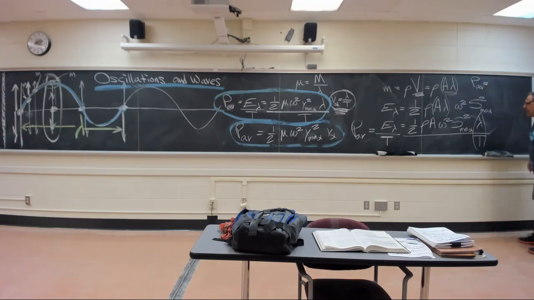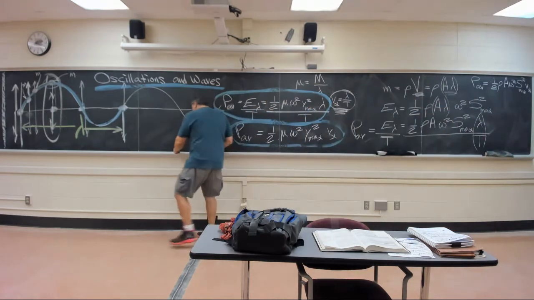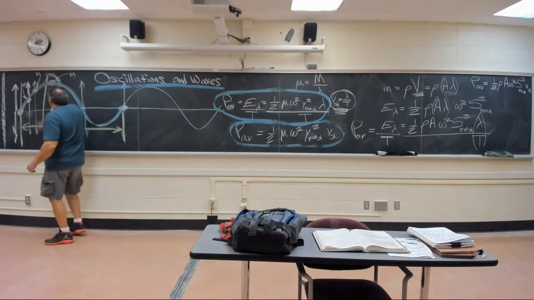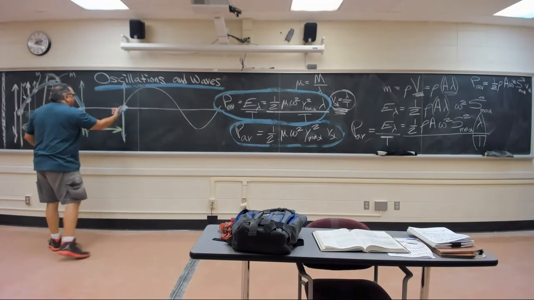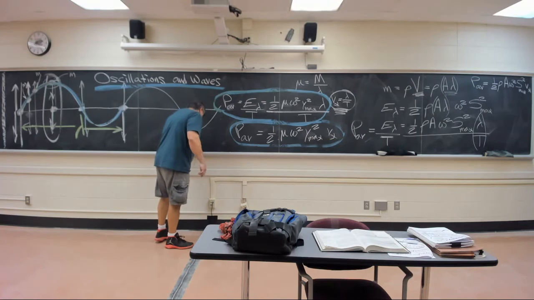P average equals 1/2 rho A omega squared S max squared Vx, the speed of the propagation. It's not the speed of this thing up and down. It's the speed of the propagation going this way. How fast does it propagate? Be careful with that.